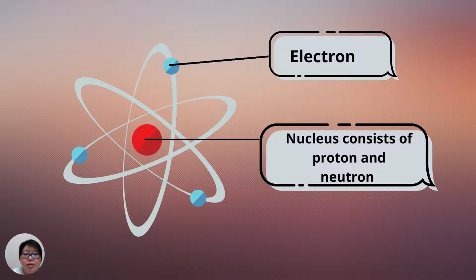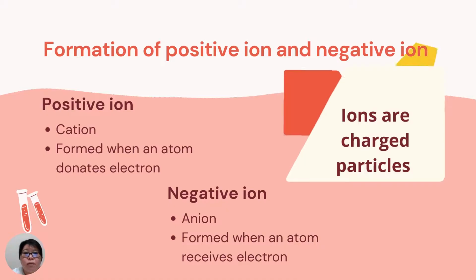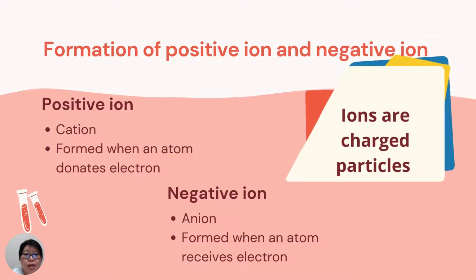Now, when I was introducing you to this part 8.2, I talked about the formation of the positive ion and the negative ion. What are ions actually? Ions are charged particles, that means particles with charge. If it is an atom, we say that it is neutral.